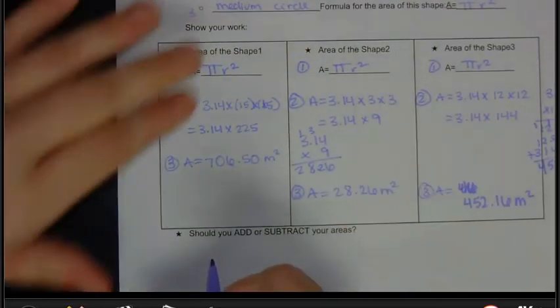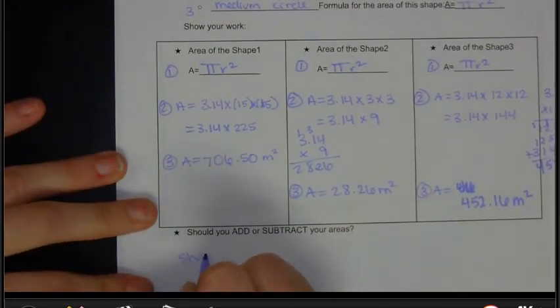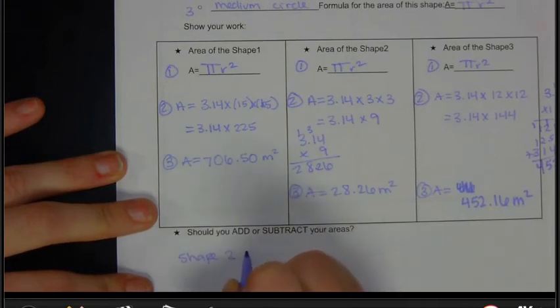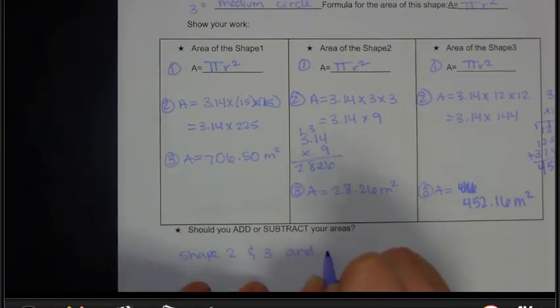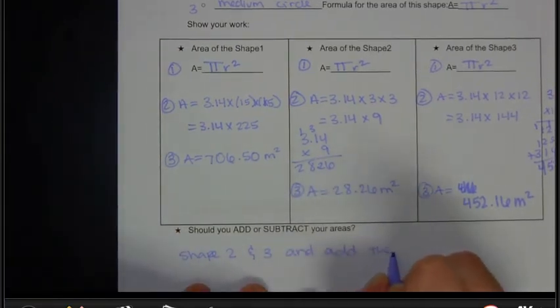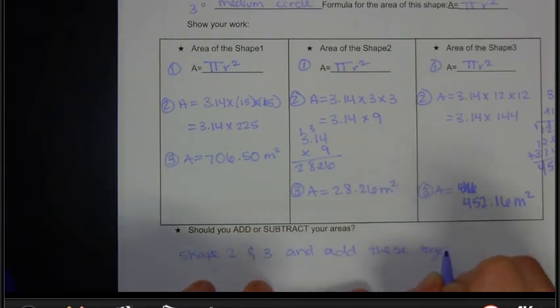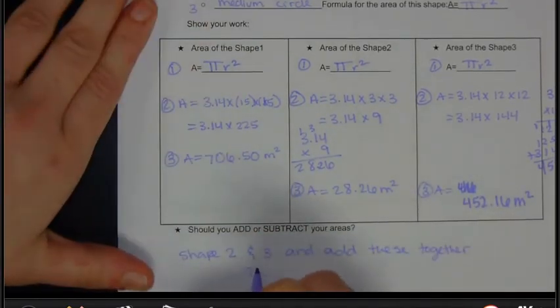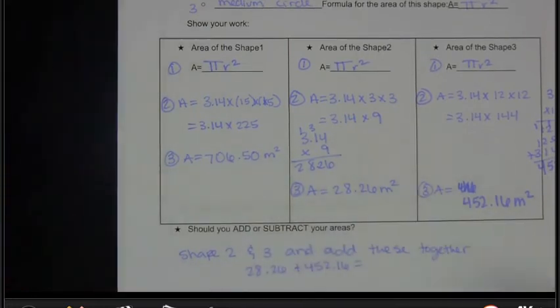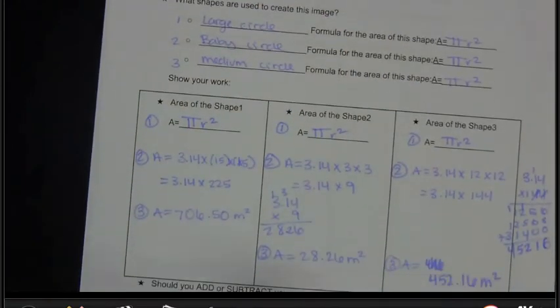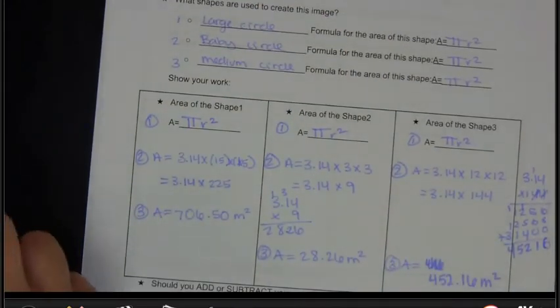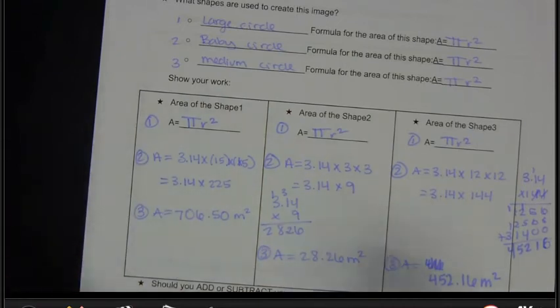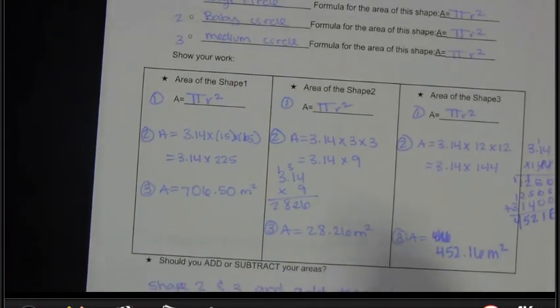The first thing is to take shape 2 and 3 and add these together. I want to add my two white circles together. So 28.26 plus 452.16.